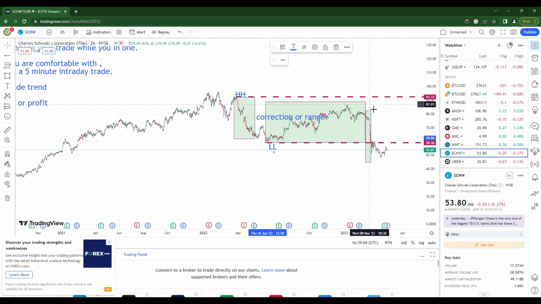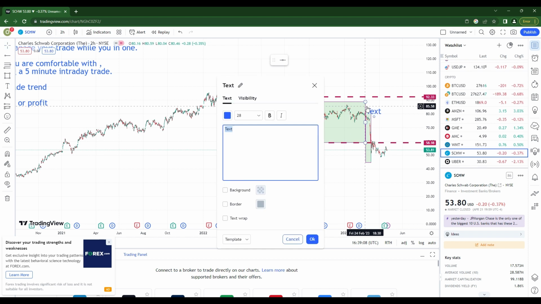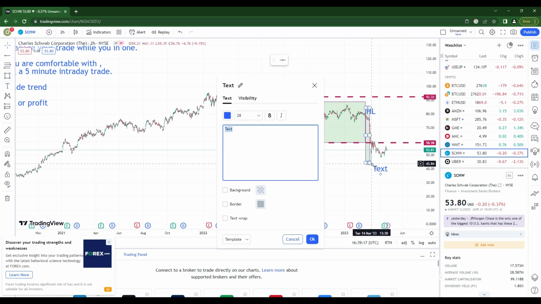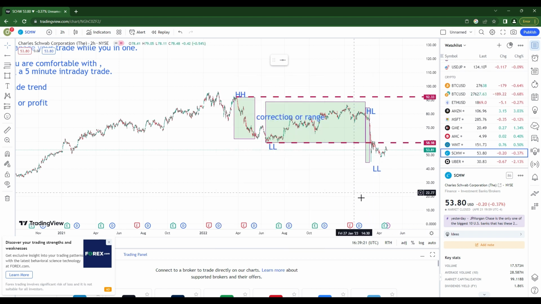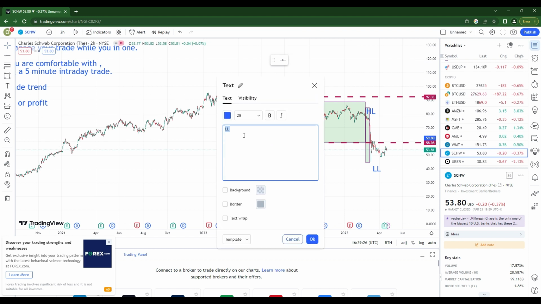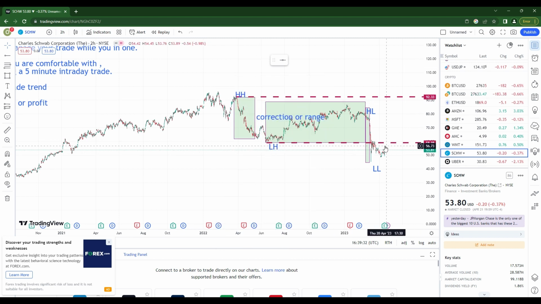High, low, lower high, higher low, higher low, and lower low now. This is a lower low, and this is a lower high, changing now to a lower high. Okay, so now I can tell that this trade is a downtrend.